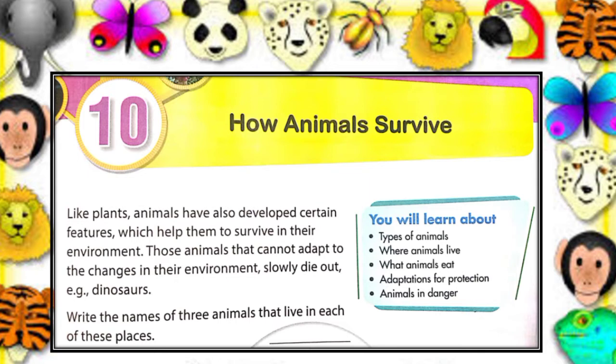So let's understand what is adaptation. An adaptation is a way an animal's body helps it to survive or live in its environment. Animals depend on their physical features to help them obtain food, keep safe, and build homes.